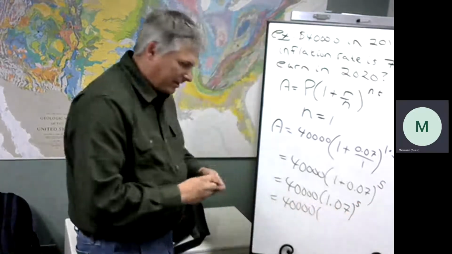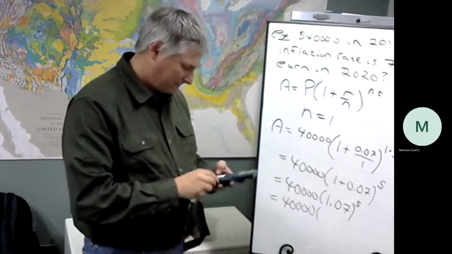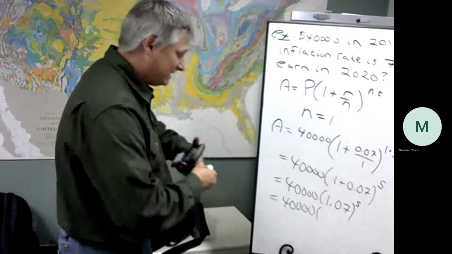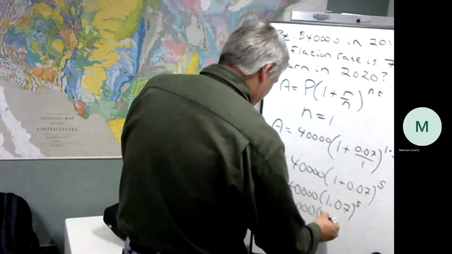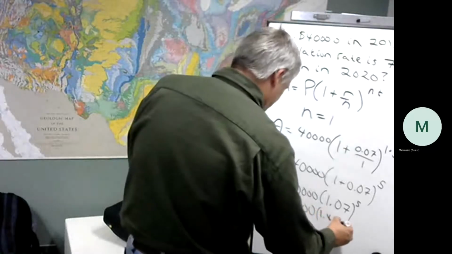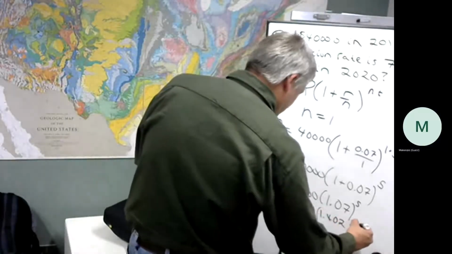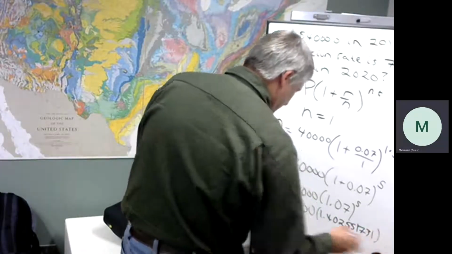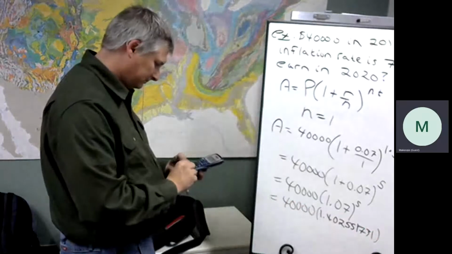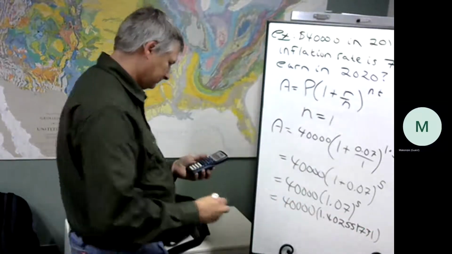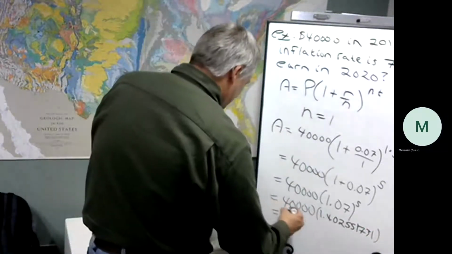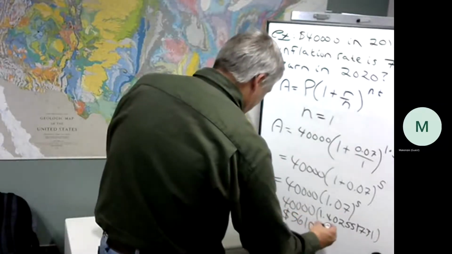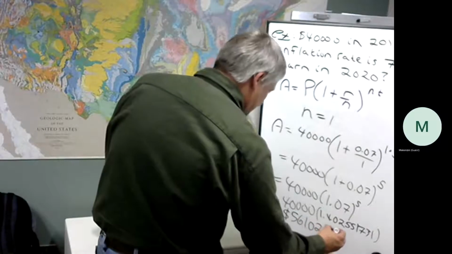And then now we apply the exponent. I'll use as many digits as I can. And so what we'll get is 56,102.07.